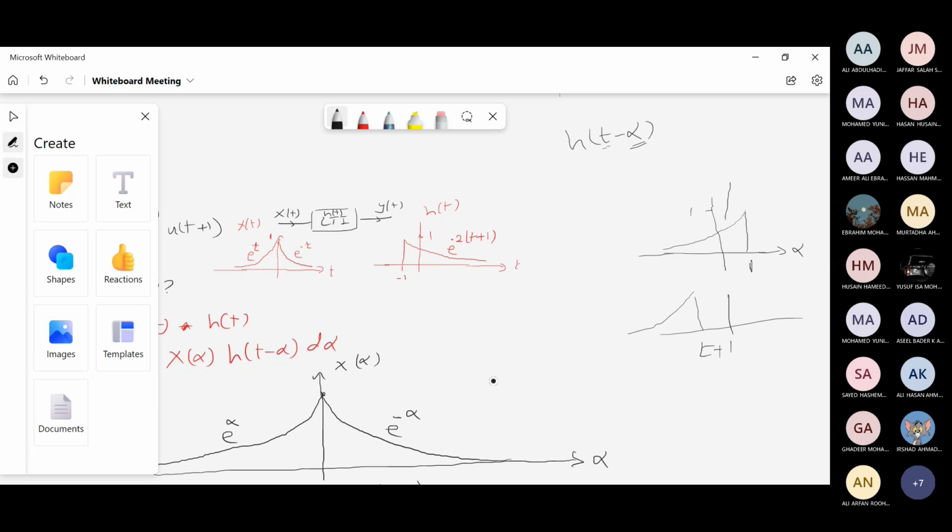Flip it, which means it becomes e to the power of minus 2 alpha plus 1. And we want to find t minus alpha. Wherever you have t, you need to replace it with t minus alpha. So then this one will be equal to e to the power of minus 2 times t minus alpha plus 1.